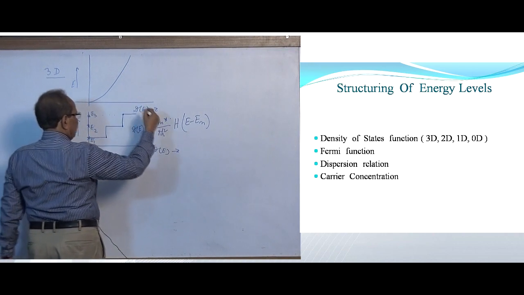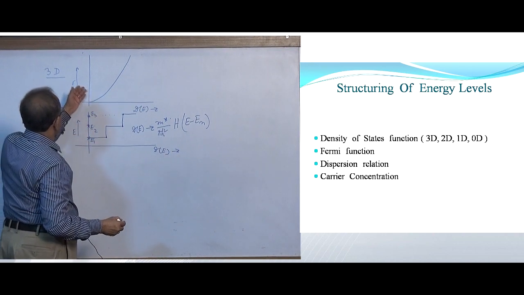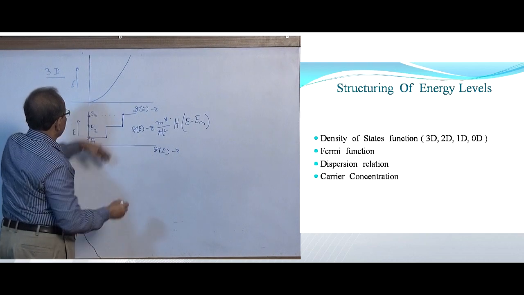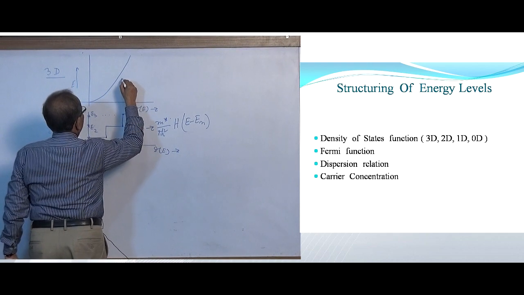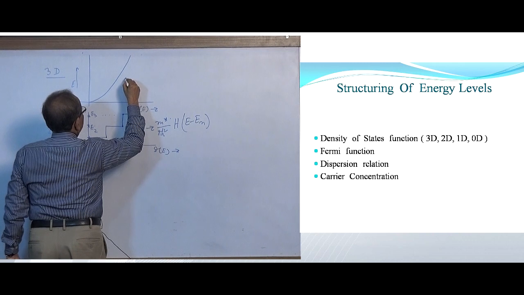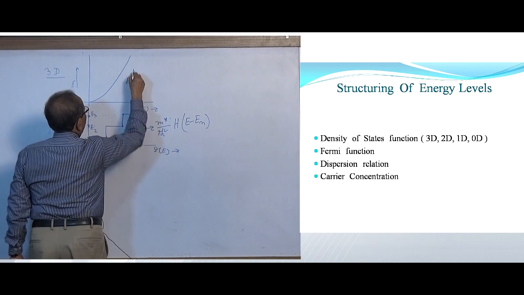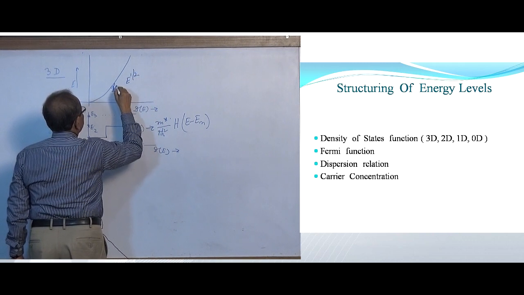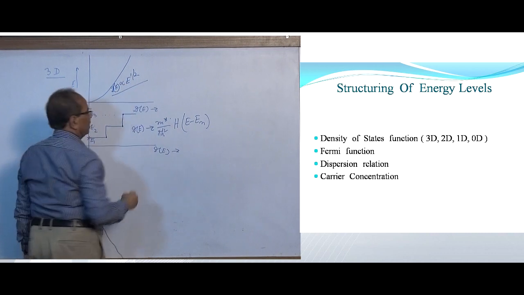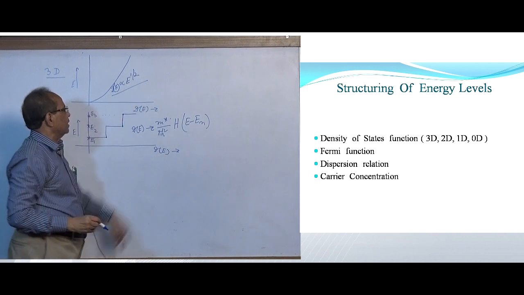And here, the energy versus density of states, this is the e to the power half. The density of states is varying with e to the power half, some constant into e to the power half.